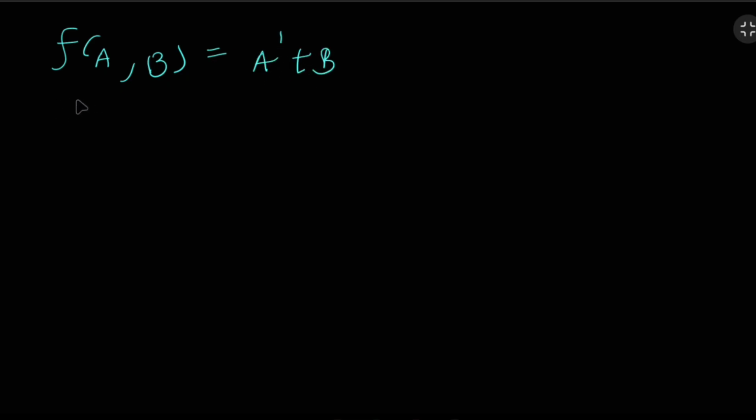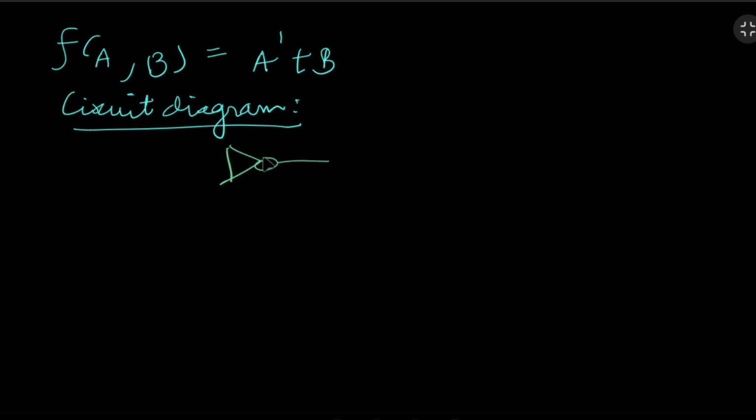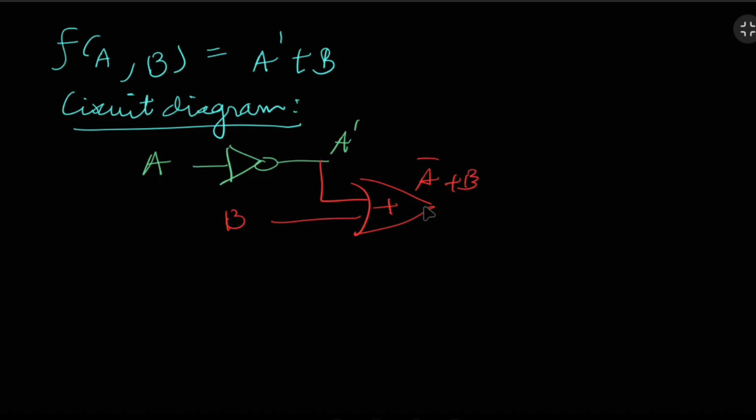Then what will be the circuit diagram? The logic gate diagram will be somewhat like this: A complement, and then you can have an OR gate like this, and this will be your complement. So this is the logic gate circuit.